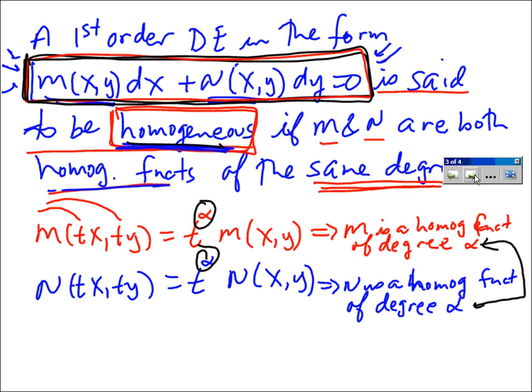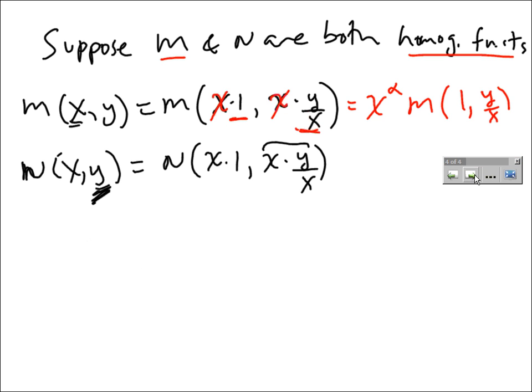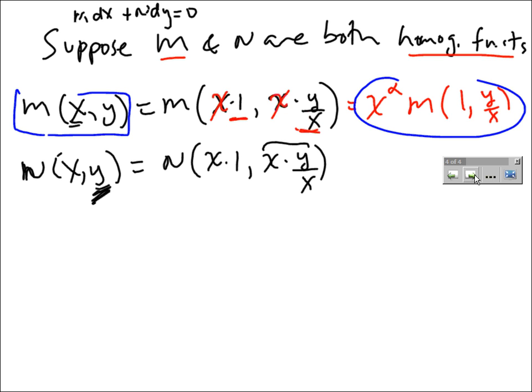Okay, now what's going to happen is we're going to get a separable differential equation. We'll try to write it up here to save space. Remember, we have m times dx plus n times dy equals 0. But m of x, y is x to the alpha times m of 1 comma y over x.